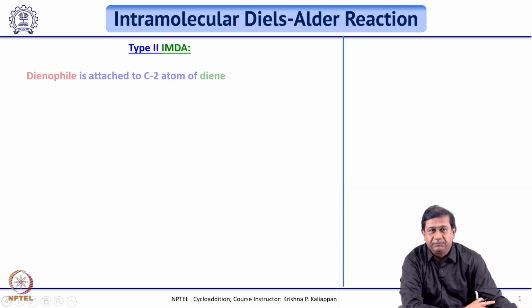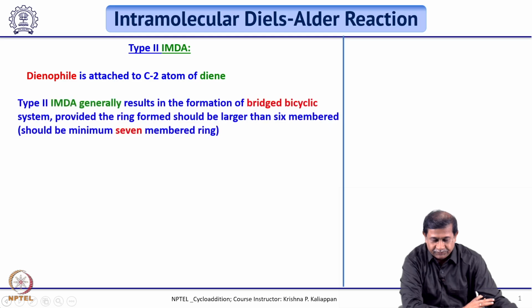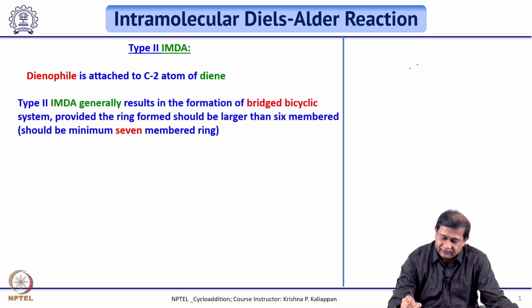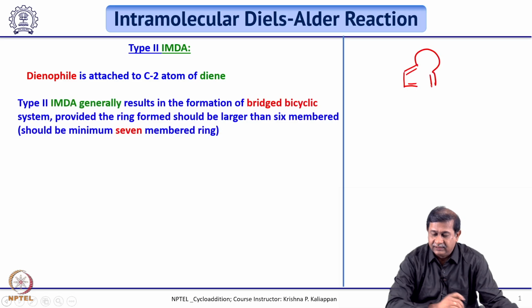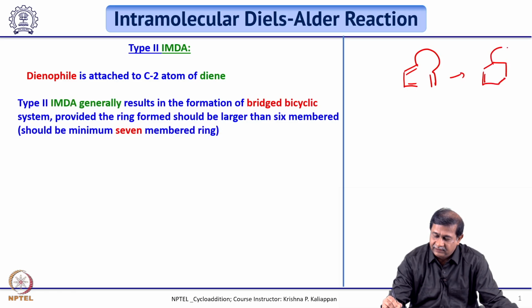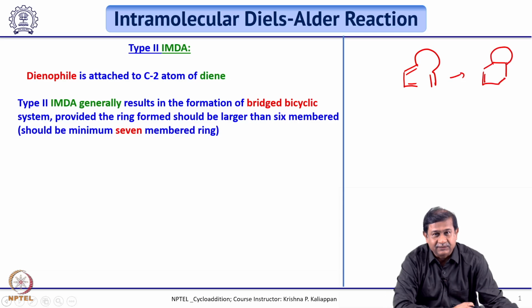In the case of type 2 intramolecular Diels-Alder reaction, the dienophile is attached to carbon number 2 of the diene. So you have seen earlier when it was attached to carbon number 1 and it gave the fused bicyclic system.